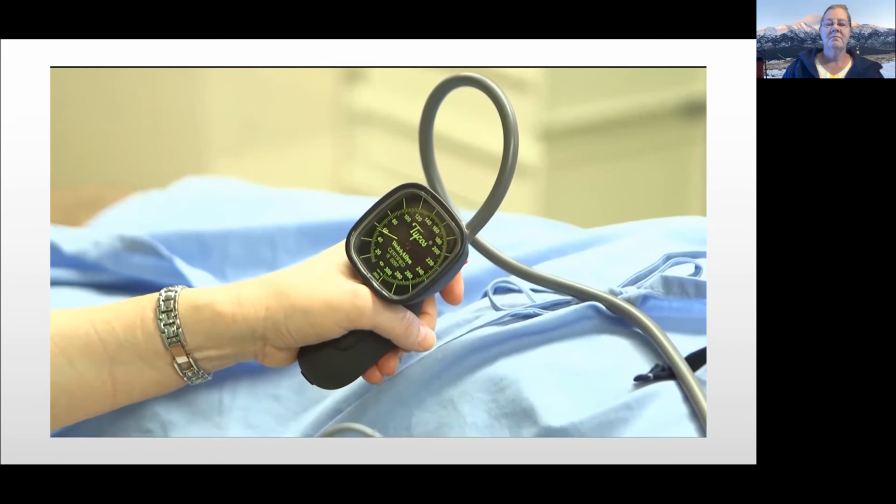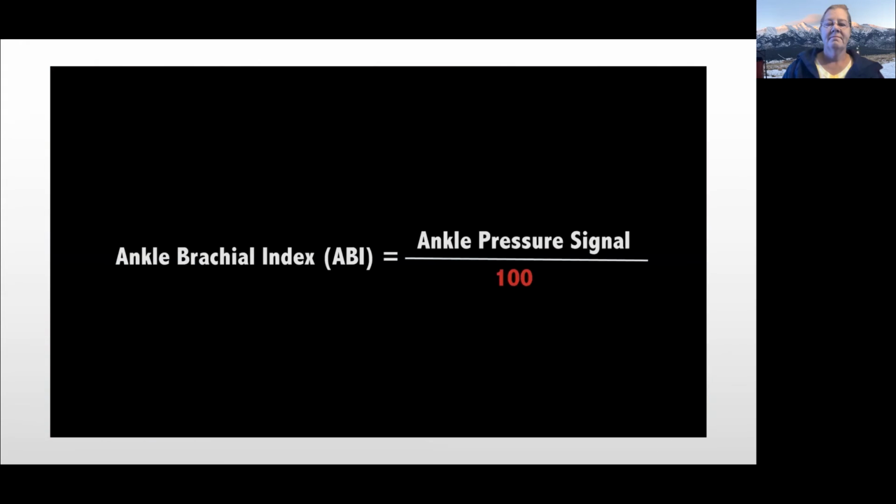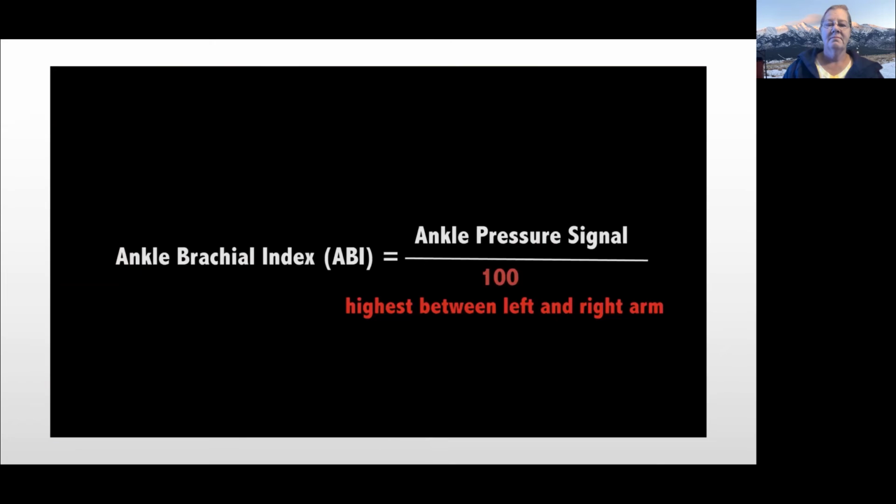And we notice the signal around 100. The return of the signal is the brachial measure, or the denominator for the ankle brachial index. We would complete the process on the other arm, and we would compare the left and right. We would choose the highest measure to be the denominator for our ankle brachial index calculation.